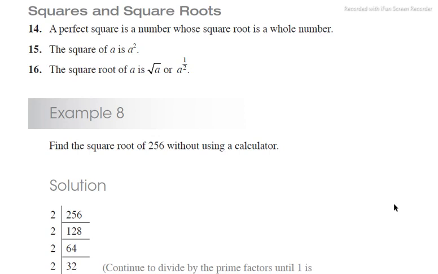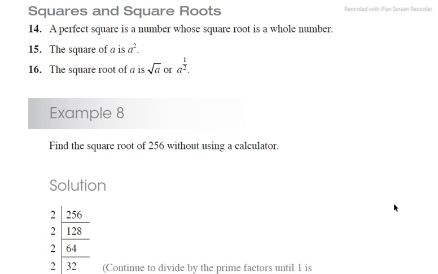So 4 becomes a perfect square. But the square root of 6 gives us an irrational value. Therefore, that one is known as a surd. The square root of 6 is what we call a surd, because it gives us an irrational value.